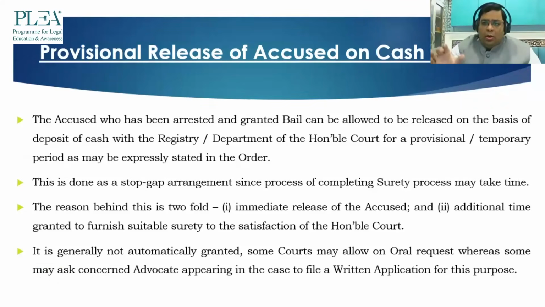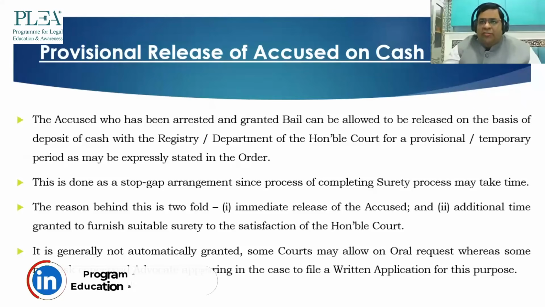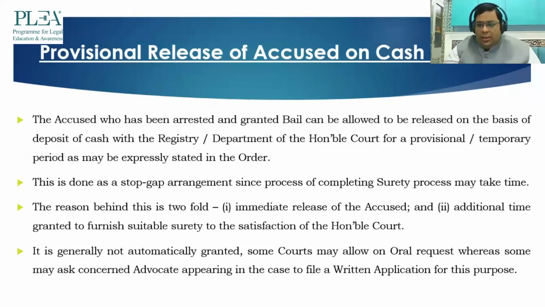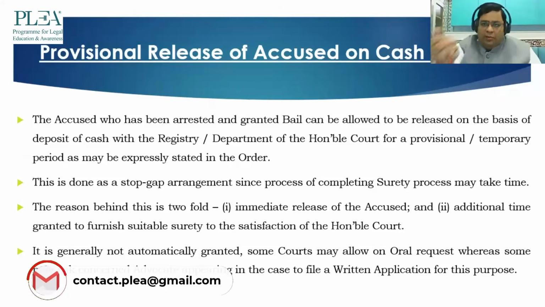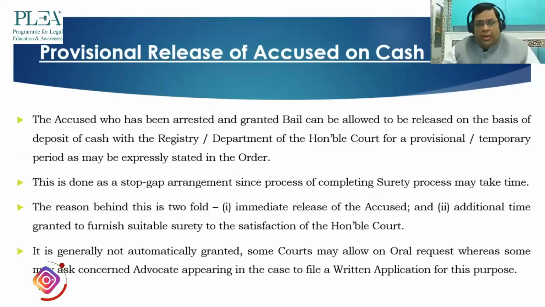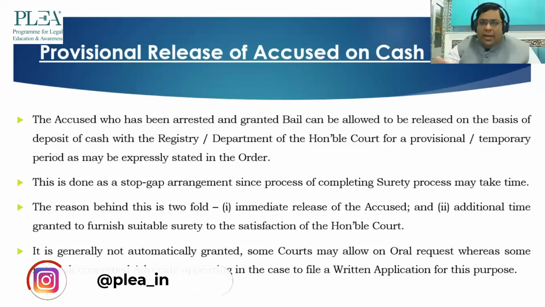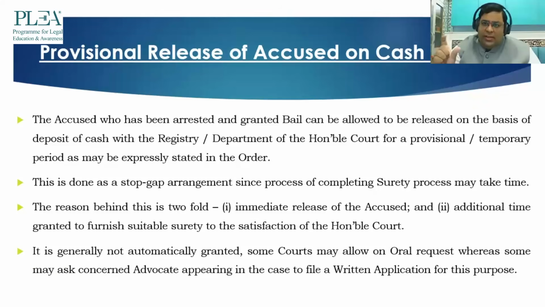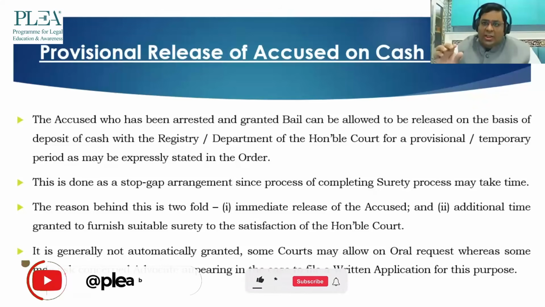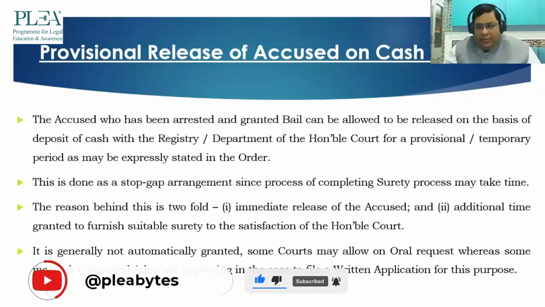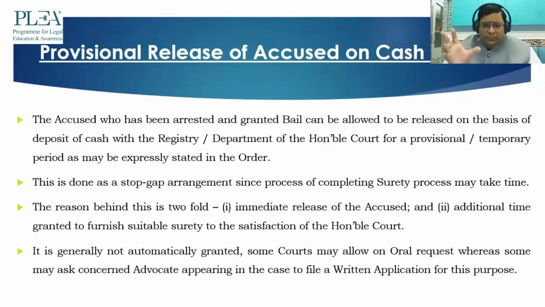When this condition is imposed, a lot of times the value of the surety is higher, or the circumstances of the accused are not so favorable that he is unable to furnish the sureties. Therefore, a provisional release can be done on the basis of depositing cash amounts before the court's registry so as to enable him to come out of custody.